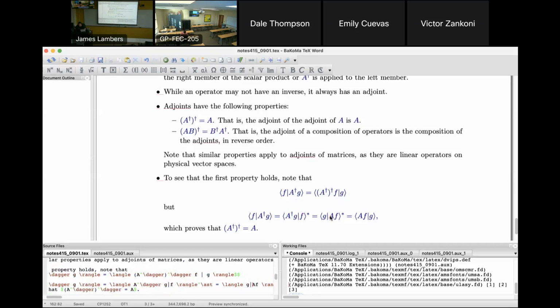And then it becomes A. But then, I'm taking the complex conjugate, so I can switch the operands and get rid of the conjugate. And that brings me here. Now I started with the same scalar product in both cases. Therefore, this and this must be equal. So sure enough, A is equal to the adjoint of its adjoint.